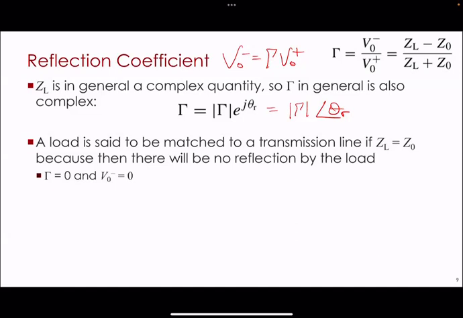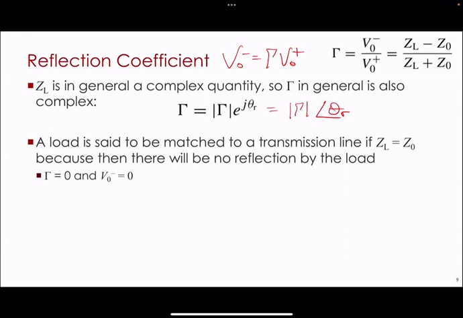Later on, we're going to have cases where it's not matched, and we have to create a matching network. We have to add something in there so that the whole combination, together with whatever the load was, looks like Z naught, so our new combined ZL equals Z naught and there are no reflections.